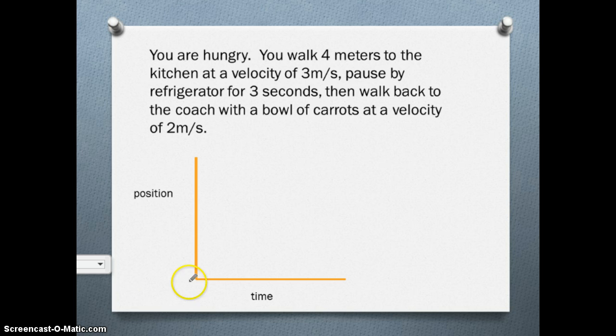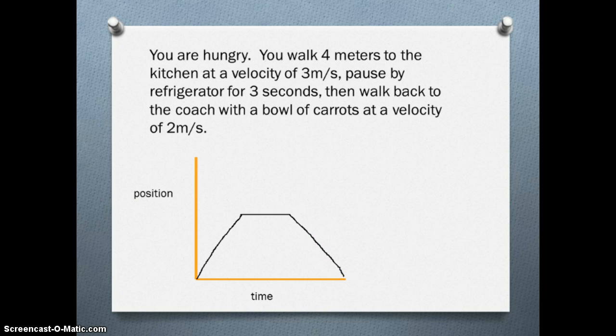So you get up off the couch, starting at a position of 0. You're going to walk to the refrigerator and stop. You're going to pause for a period of time, and then walk back to your starting position.